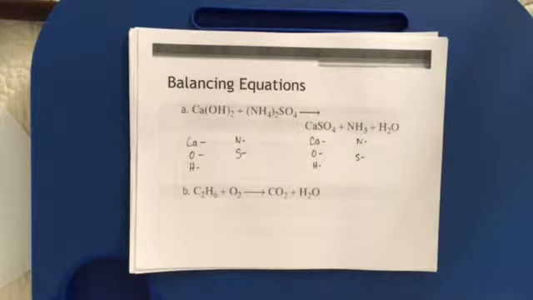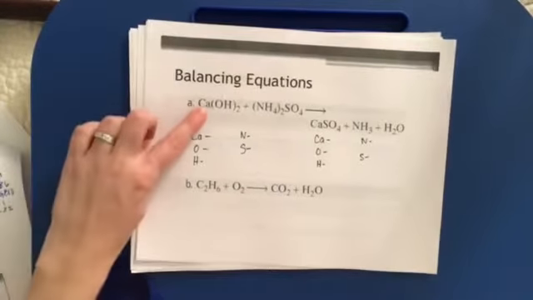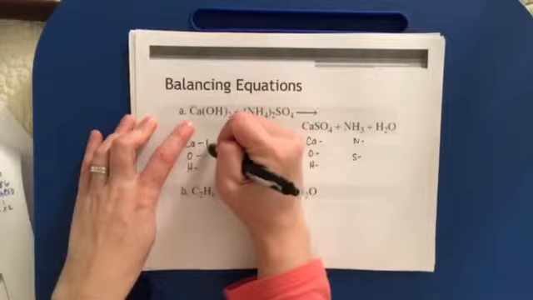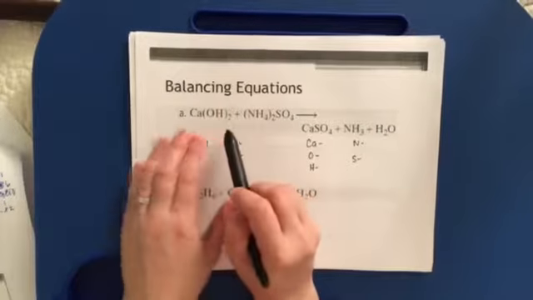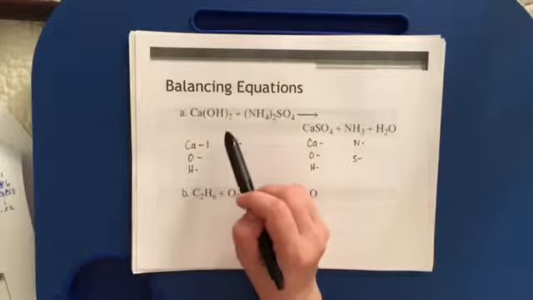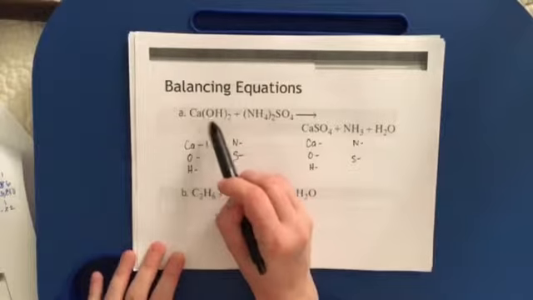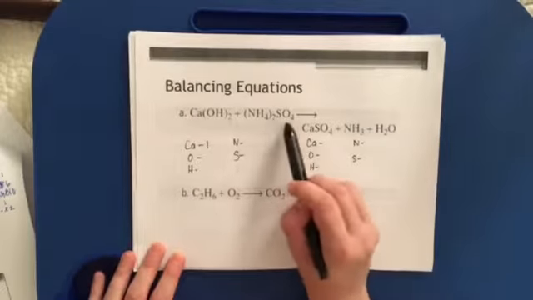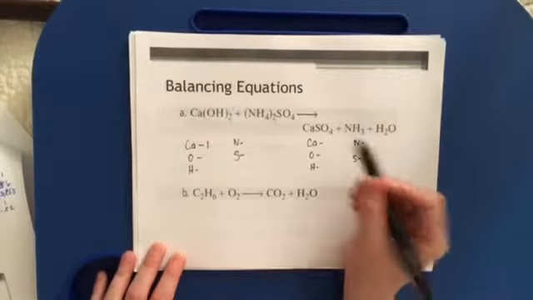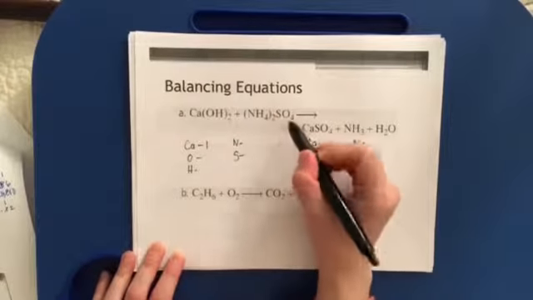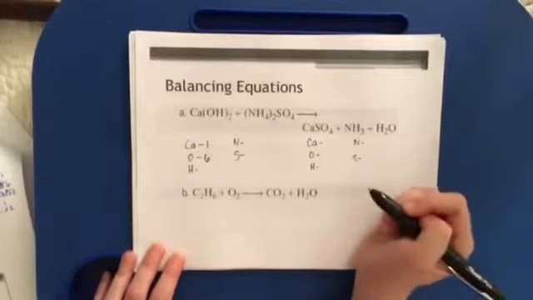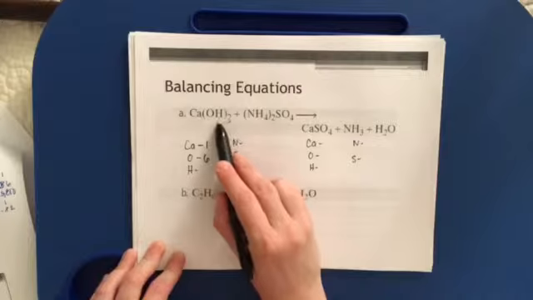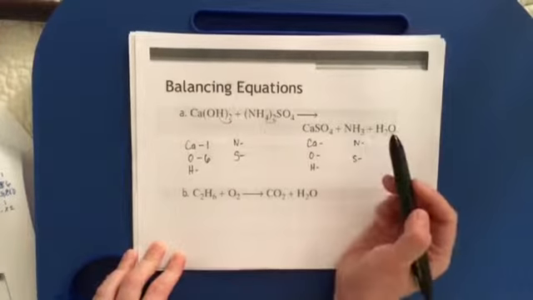So I'm going to add up what I have on each side. Here I have 1 calcium. And then here you're going to have to make sure you follow through with the subscript. So we've got 2 oxygens there. We've also got 4 right there. And so we've got 2 plus 4, which is 6. Hydrogens, we've got 2 right there, 8 right there.